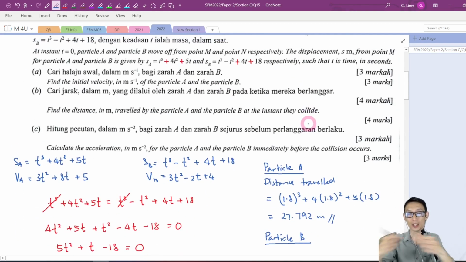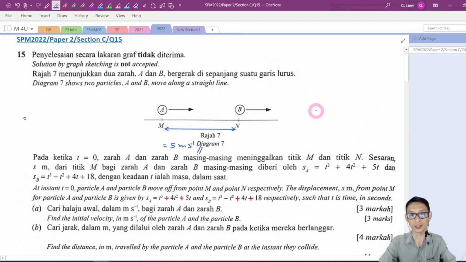So when they meet each other, for example here, the distance travelled by particle A, particle B. Let's say they collide here. You will notice that the distance travelled by particle A and particle B are not the same, right? The distance travelled by particle B is actually 18 meter less than particle A.